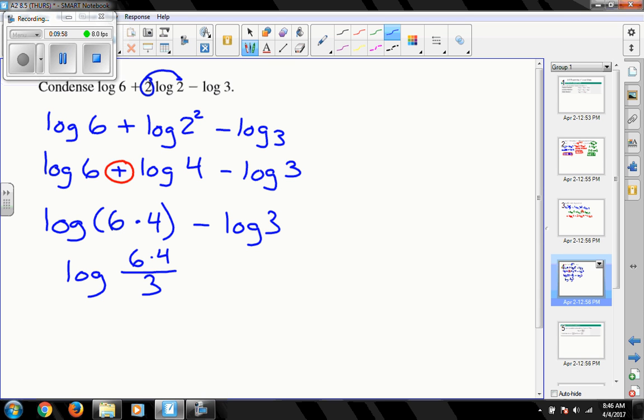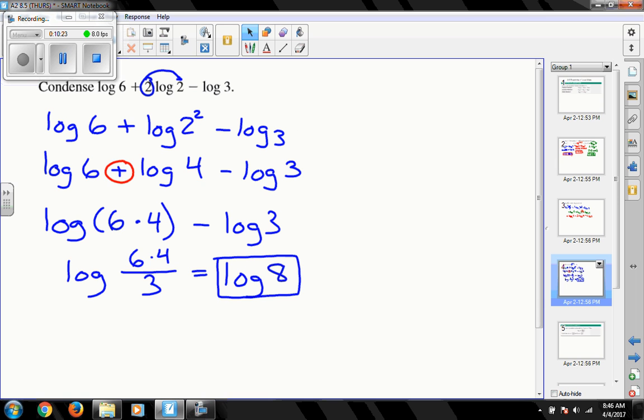Simplify that out. That'll give you 8. And that is the answer, we're log of 8, not just 8. So you get log base 10 of 8. And that is how we can condense that down into one simple expression.